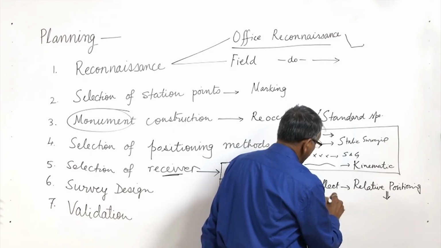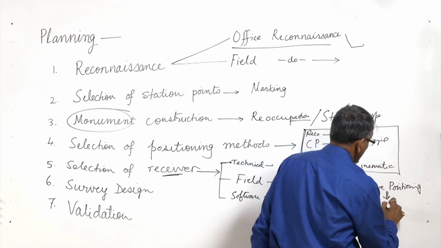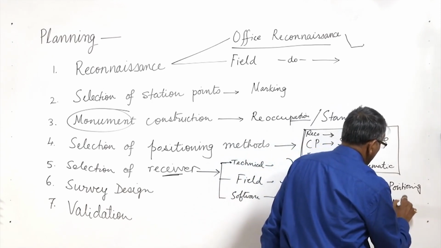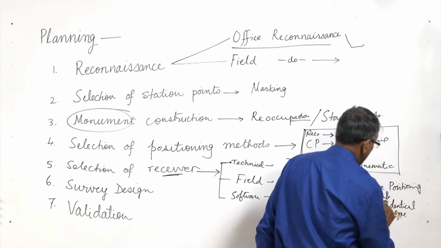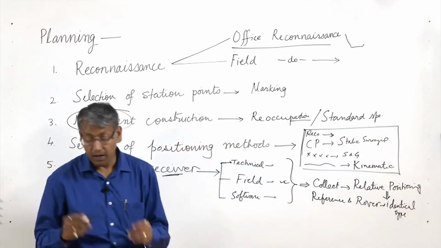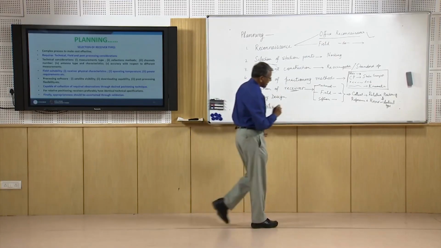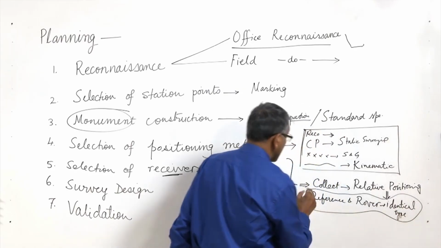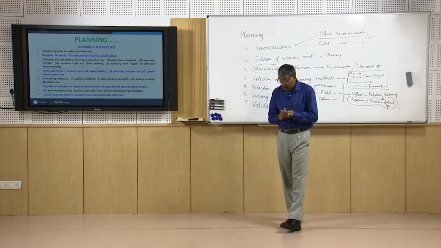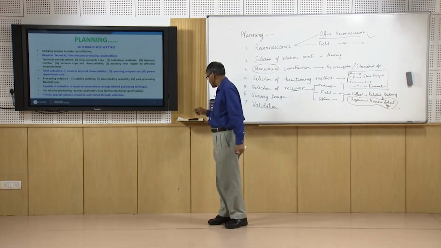Reference and rover receivers should preferably be of identical type. So, that will minimize many of the problems that we encounter during GPS surveying. The appropriateness of the receiver has to be validated during the validation process.